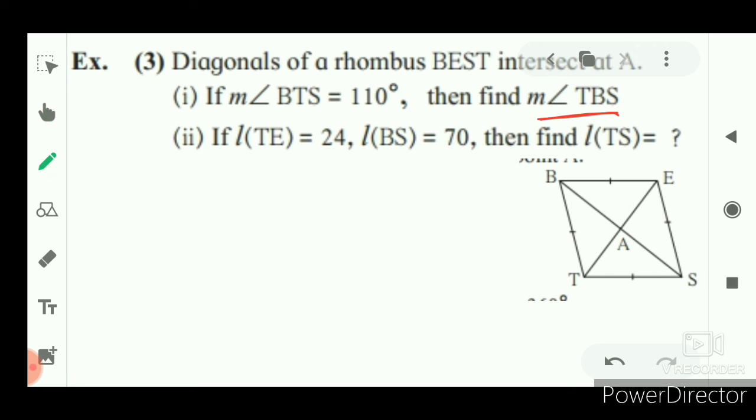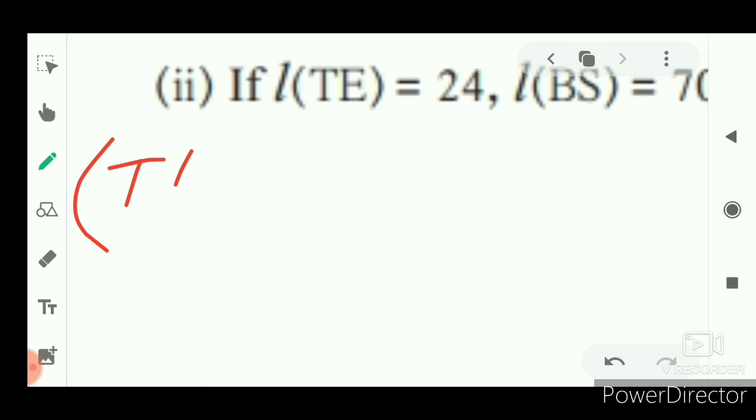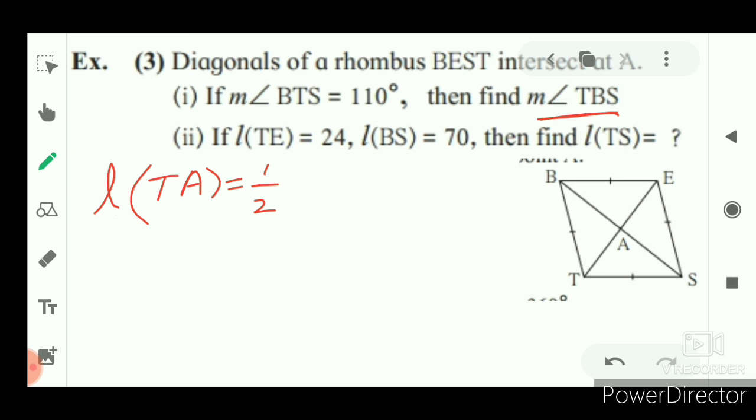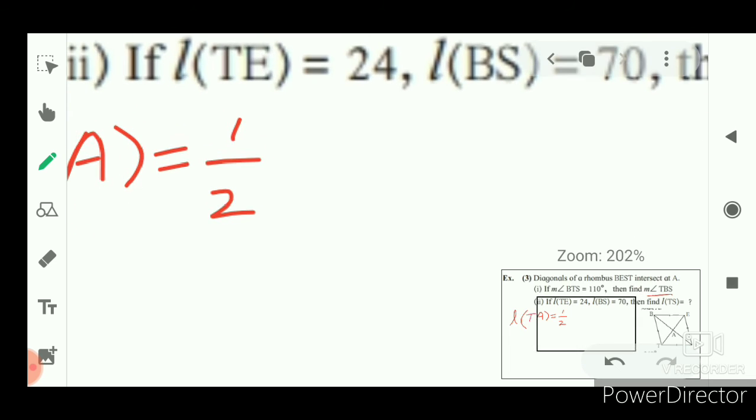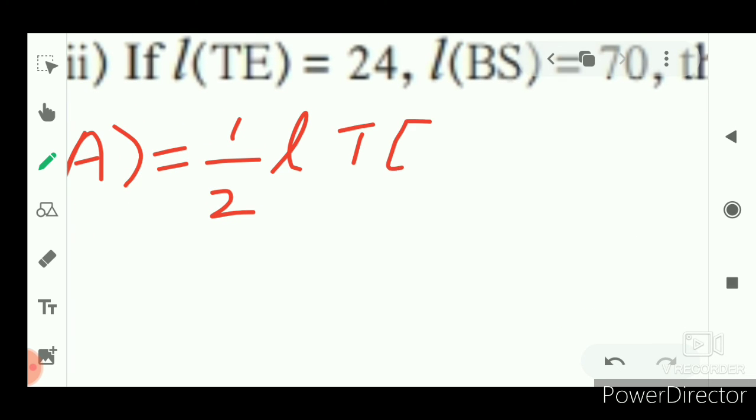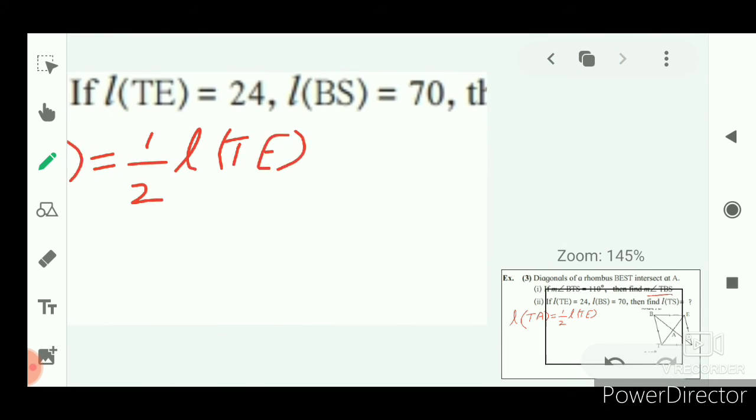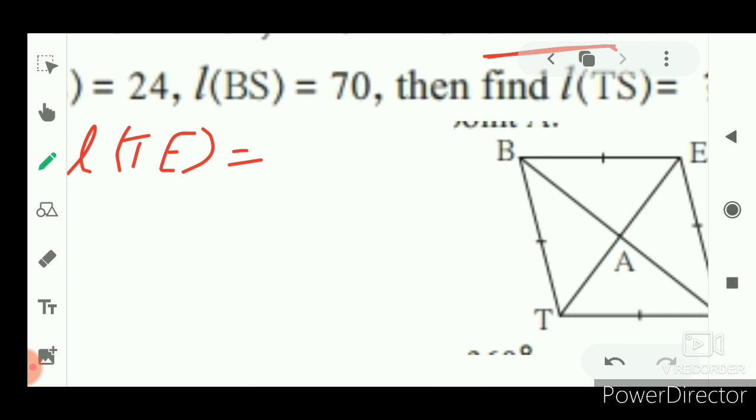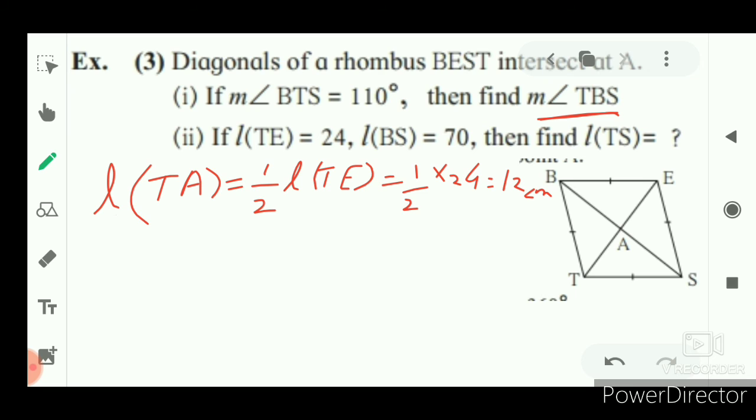So the length of TA will be equal to half of this whole diagonal TE, because these two diagonals bisect each other. The length of TE is given as 24, so half into 24 is equal to 12 centimeters. So we have calculated the length of side TA as 12 centimeters.